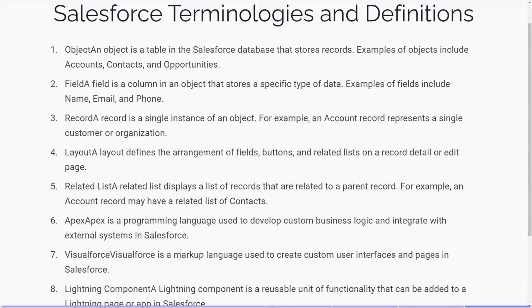A record. A record is a single instance of an object. For example, an account record represents a single customer in an organization. Now, an object has records, records have fields.